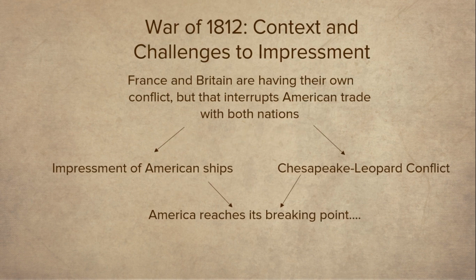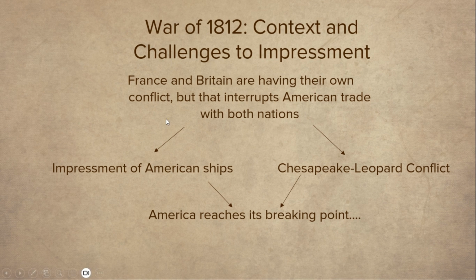So, context for this, remember, like I said in the American Revolution video, France and Britain are always in their own debacles most of the time, and this is no exception, where they're having their own conflict on the Eastern Hemisphere. But France and Britain are both trading allies to America, so when they're both fighting, that kind of leads to some contention.